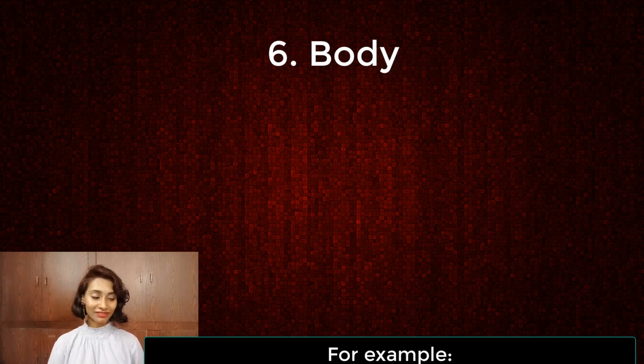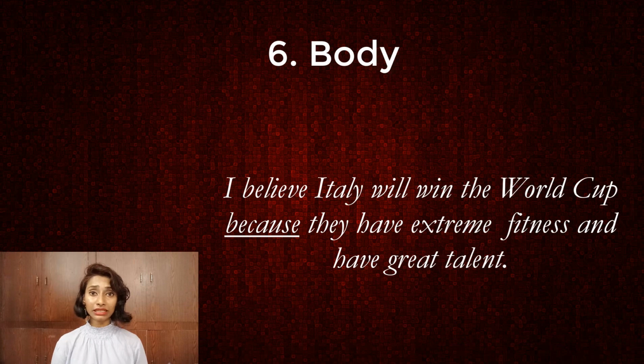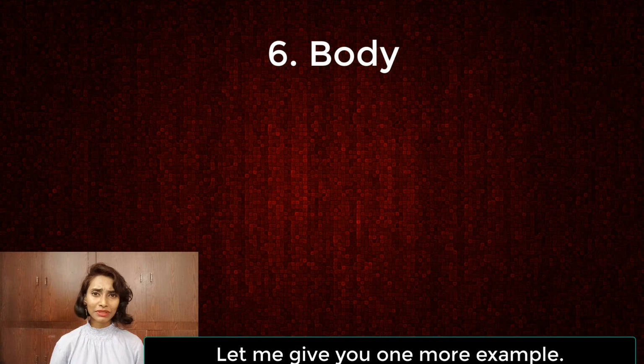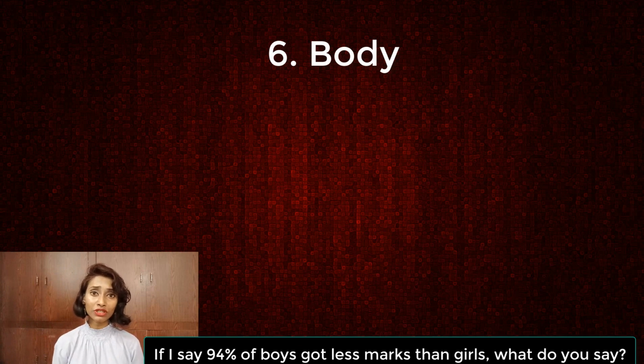For example, I believe Italy will win the World Cup because they have extreme fitness and great talent. Here, I offered my backup information. Let me give one more example. If I say 94% of boys got less marks than girls, what do you say?